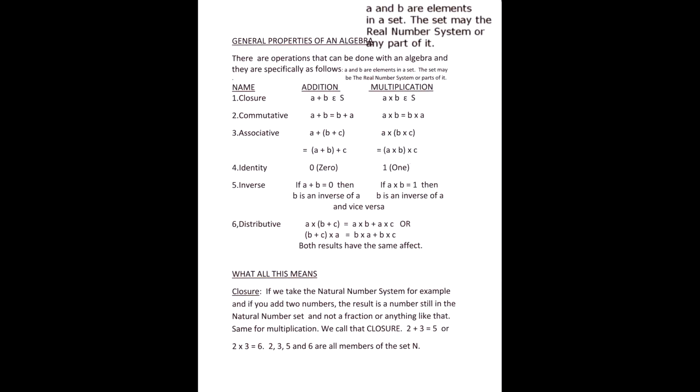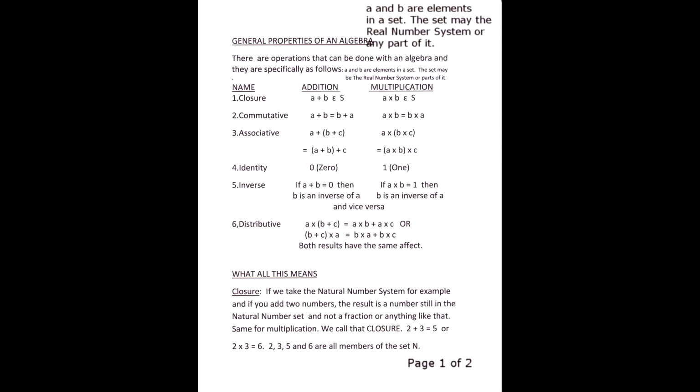The general properties of an algebra. There are operations that can be done with an algebra, and they are specifically as follows. A and B are elements in a set. The set may be the real number system or parts of it, like the natural numbers would be a part of the number system.